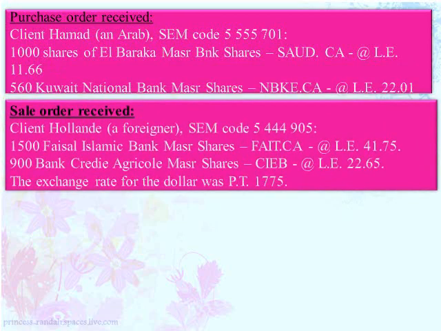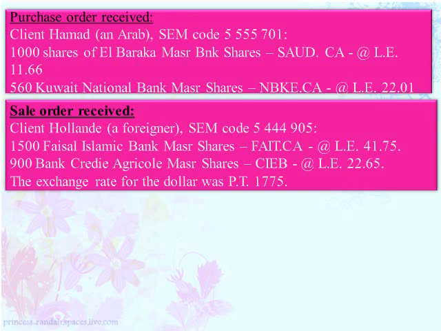Here we have another order by a foreigner called Holland, and his code in the stock exchange market in Egypt is 534905. He wishes to buy two kinds of shares which are transacted in our SEM: 1,500 Faisal Islamic Bank Masr shares.